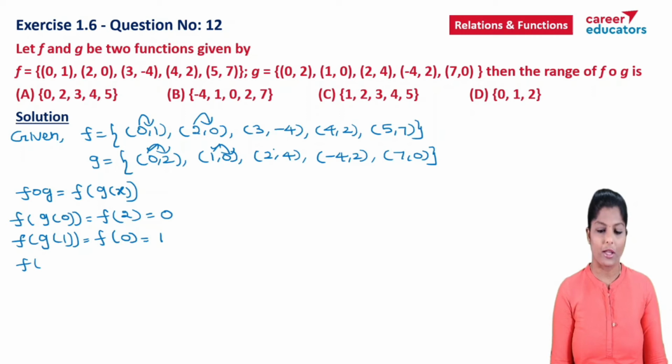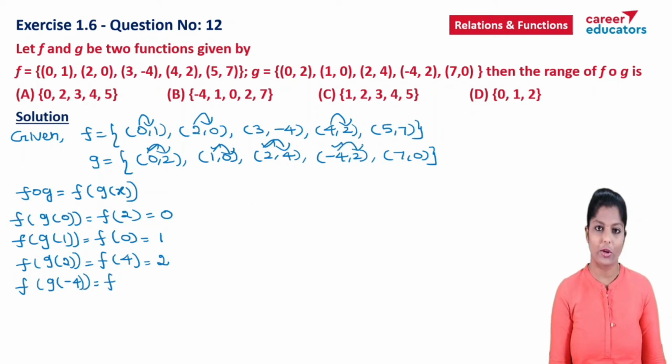Next, we have to take element 2. F of g of 2 equal to f of g of 2, which is given as 4 in the question. So, we will get 4. F of 4 is given as 2 in the question. So, we will get 2. Next, we have to take the element -4. F of g of -4 equal to f of g of -4, which is given as 2 in the question.